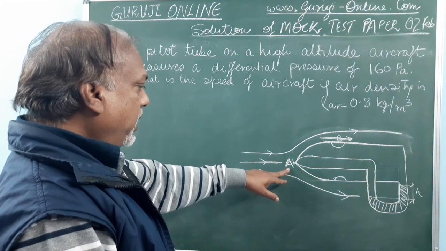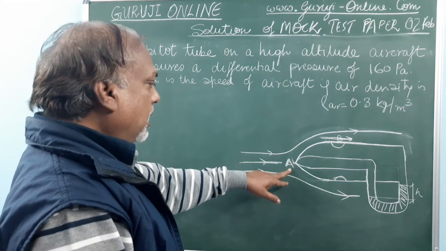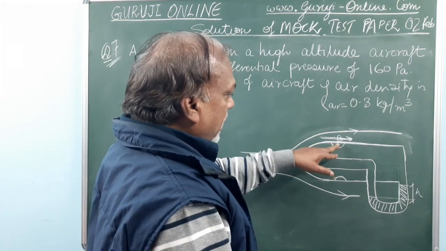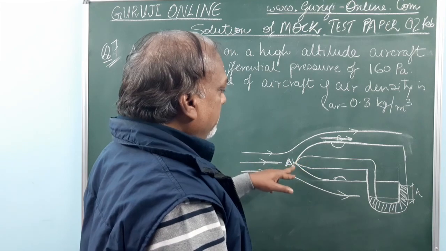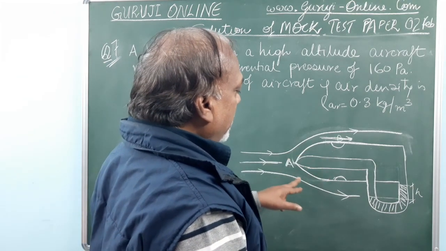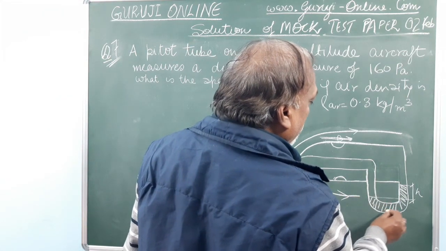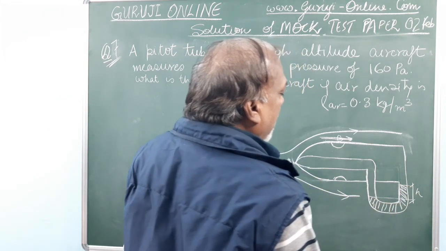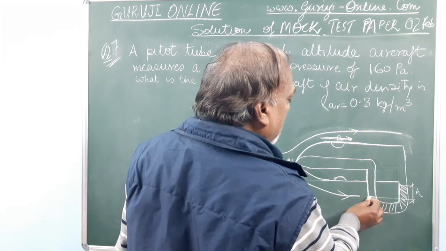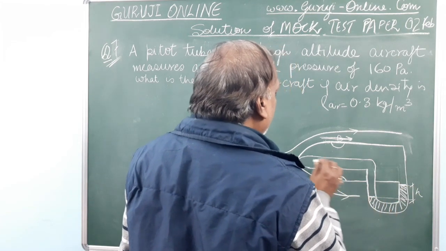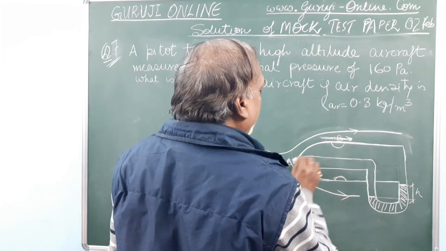Now, one more thing. At this point, air is stagnated, and here there is velocity, so there will be a drop in pressure. Due to this, it is attached with a U-tube manometer, and there will be a differential level because of the difference in pressure.